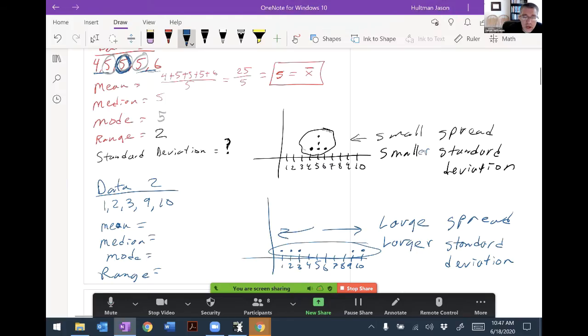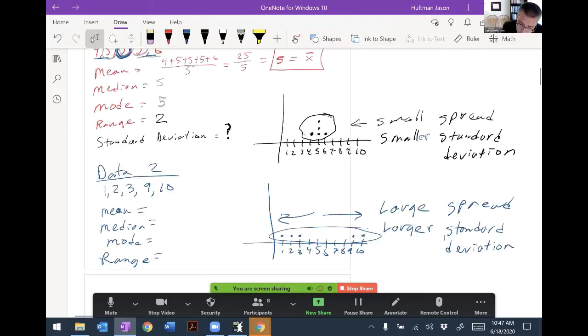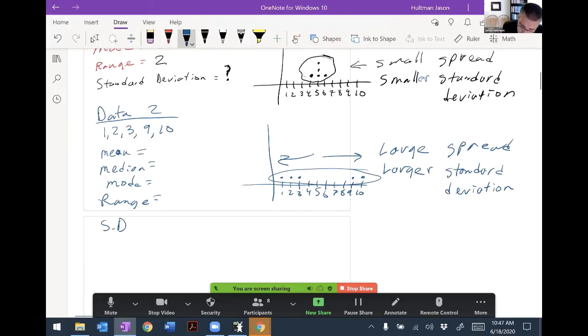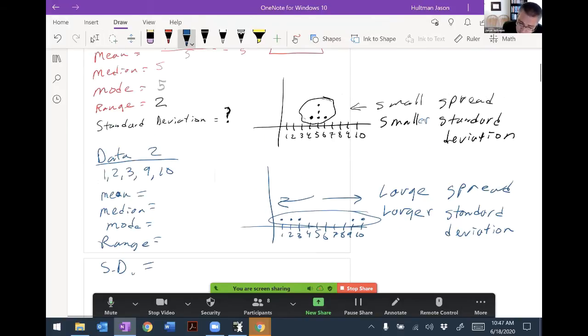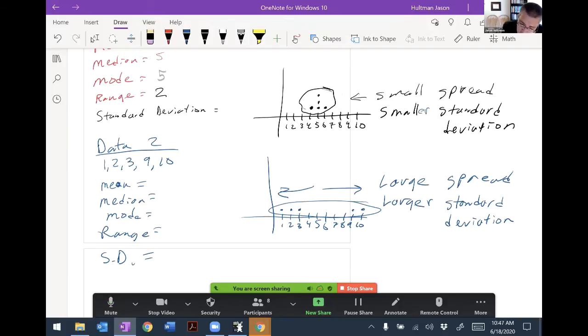Let me go back to the notes here and write that in. What was the standard deviation for data set 1? It was 0.707. What about the standard deviation for data set 2? Let me fill these in real quick.